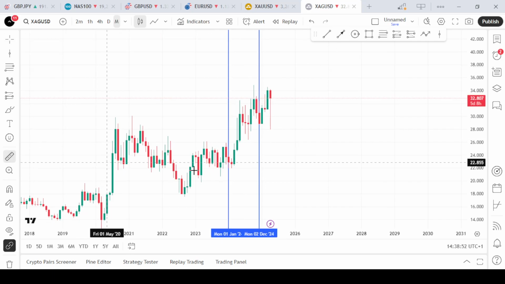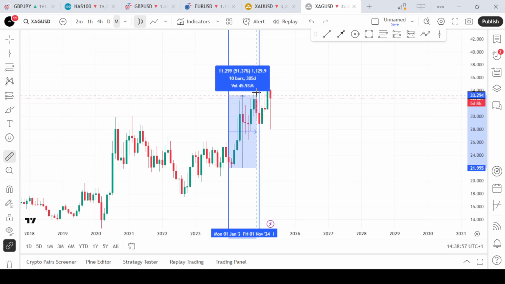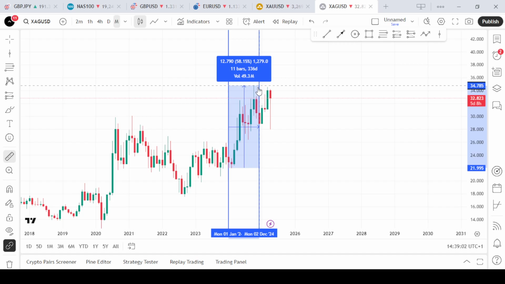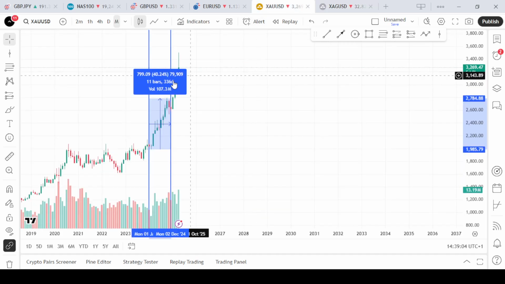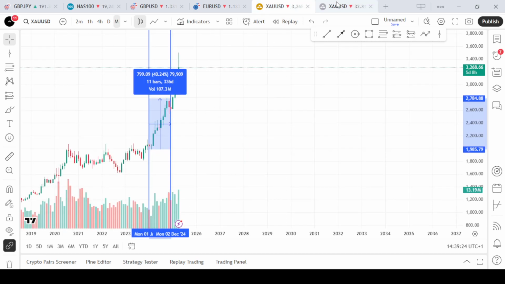Doing the same for silver, let's look at this using this area. We can see silver went a total of 709 pips, meaning that gold outperformed the silver.